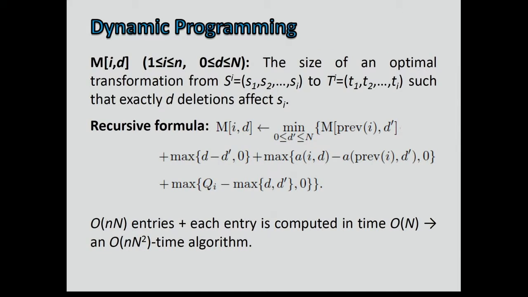And to this already computed value, we add values that correspond to the number of new deletions that we need, the number of new amplifications that we need, and another value that is related to the 0 entries in T that appear immediately before Ti, the value at the entry i.